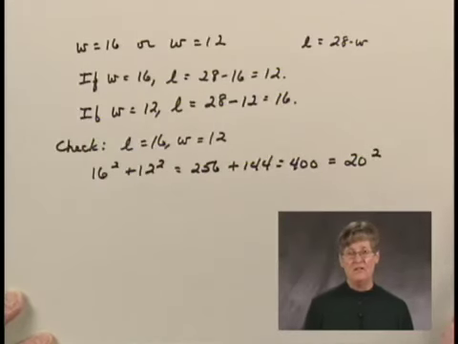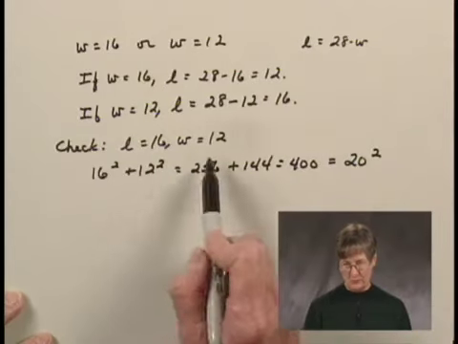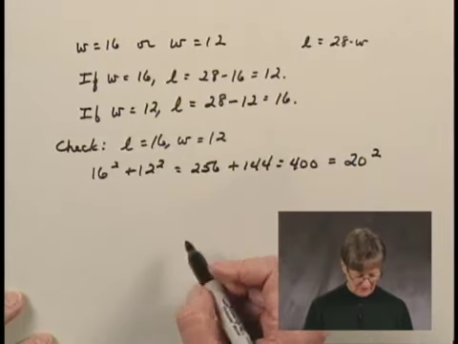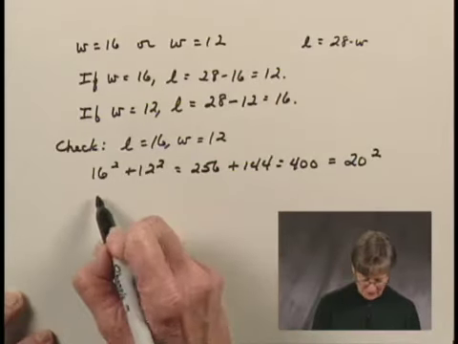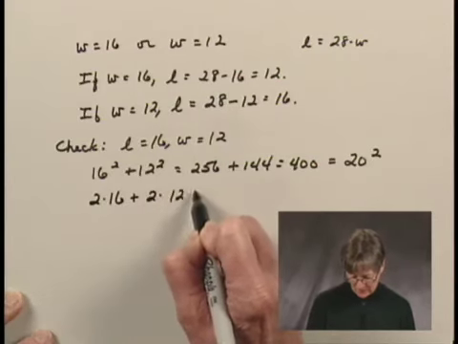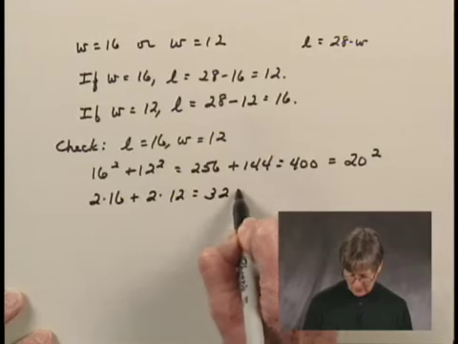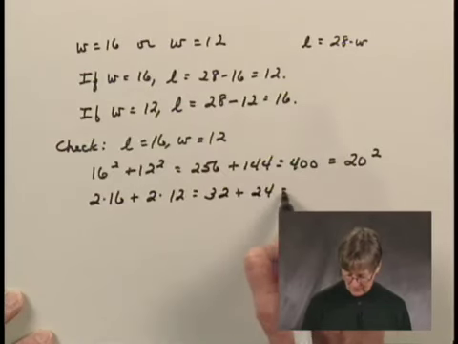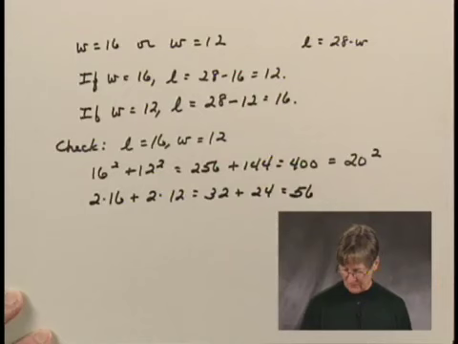And now we also need to check to see if the perimeter of a room with these dimensions is 56 feet. So we're checking to see if 2 times 16 plus 2 times 12 is 56, and I have 32 plus 24, which is 56.